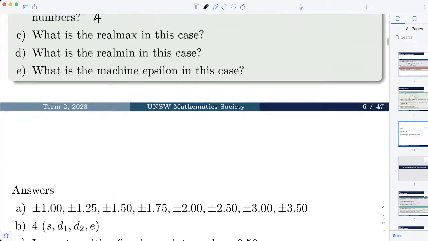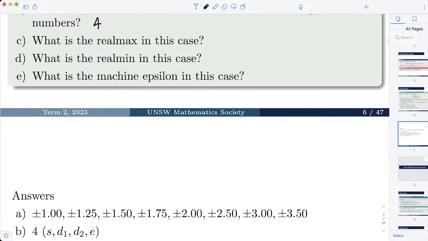So what you end up getting is this first chunk over here, right? 1 up to 1.75. So this over here was 1.00 in binary, this over here was 1.01, 1.10, 1.11 in binary.